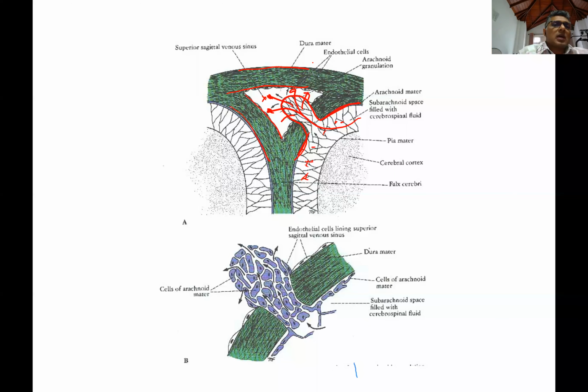So it is produced at the choroid plexus and absorbed at the arachnoid granulations. Okay, arachnoid granulations.